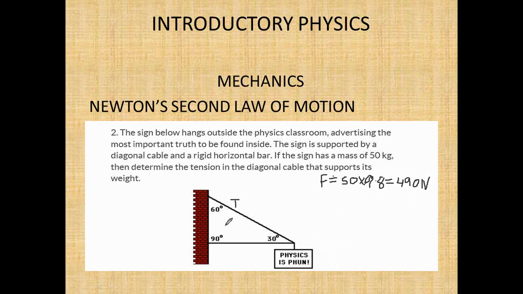So we know that this force due to gravity is straight downwards. The only thing that can support this is a vertical force going in the opposite direction. So it has to be this vertical force, because when you resolve the tension in the cable, you can resolve it to get a horizontal component and a vertical component.